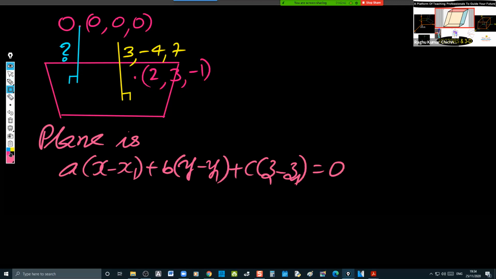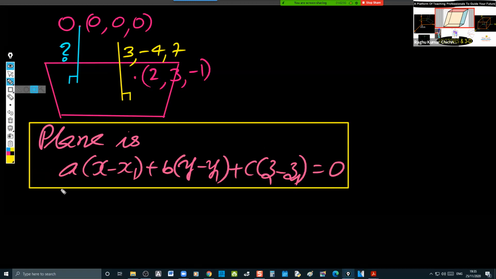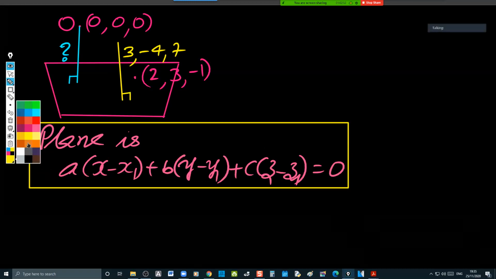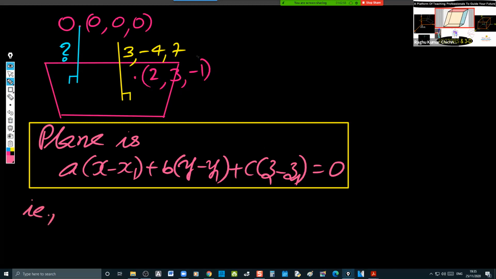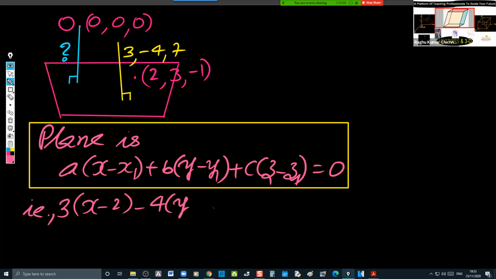I hope you remember this. Yes, sir, I'll remember this. So A, B, C are given to be 3, minus 4, 7. Come on, tell me x1, please. 2. So 3 of x minus 2, minus 4 of y minus 3, plus 7 of z minus of minus 1, equal to 0.